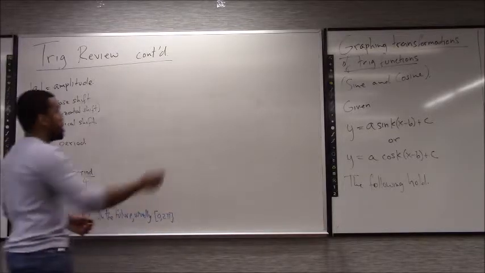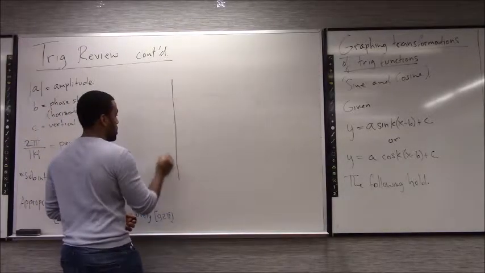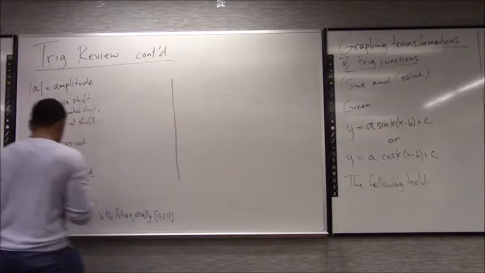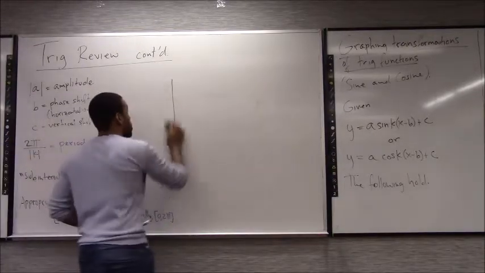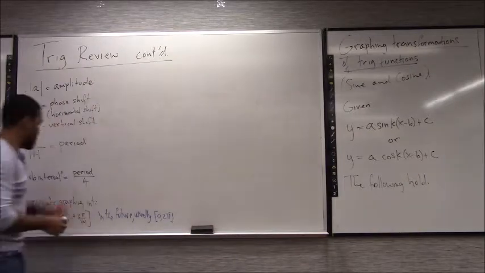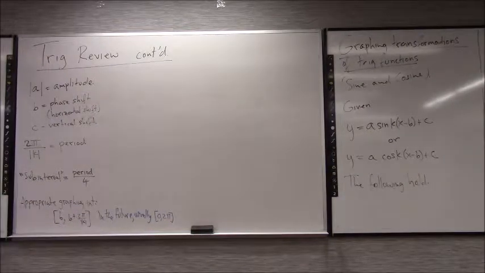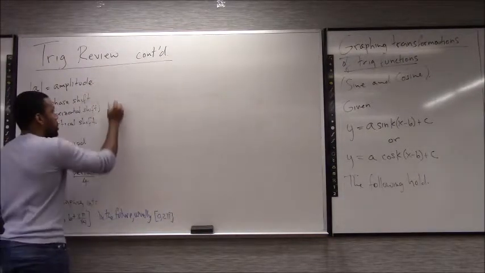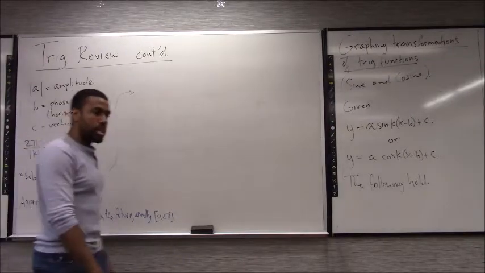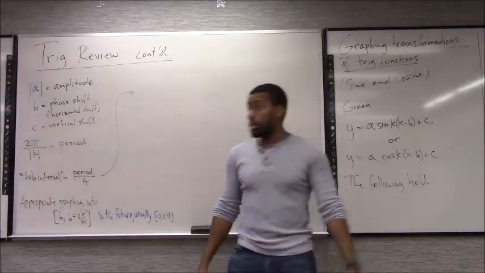Okay, so here you have, first of all, I'll draw it over there. But let me explain where this is coming from a little bit. So why the period over 4 is important is because sine and cosine come in 4 sections essentially.